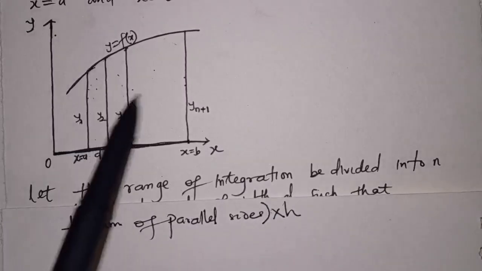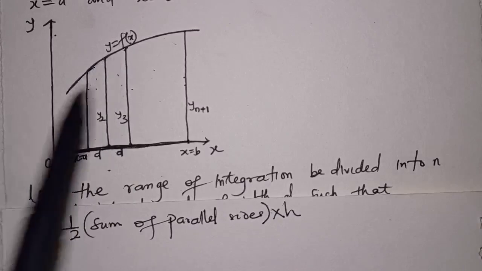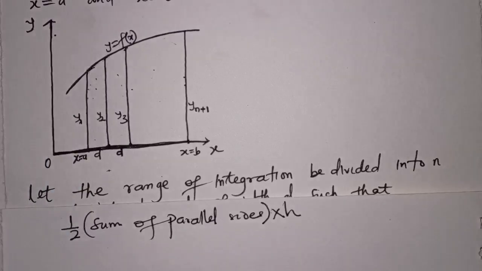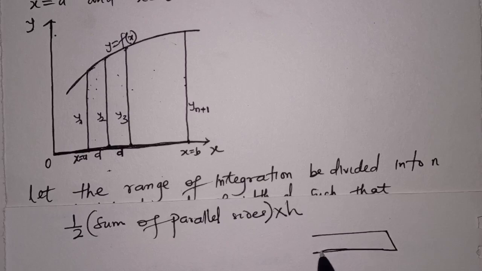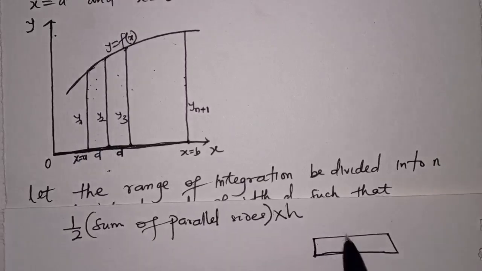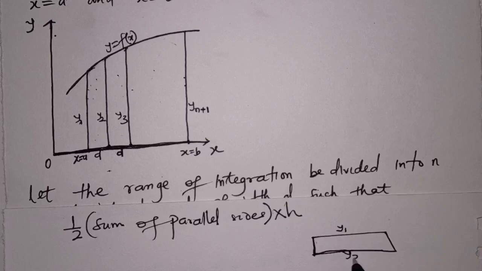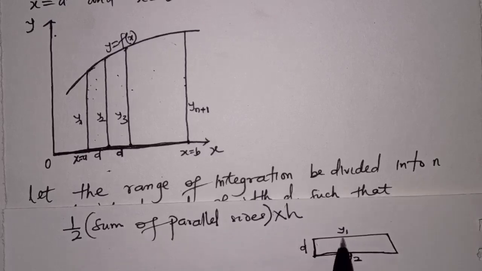Each of them will be a trapezium if we connect the tops of these ordinates by a straight line. So for example, I'm dealing with this first one. This is y1, this is y2, and this is d. The parallel sides are y1 and y2, and d is the vertical height.